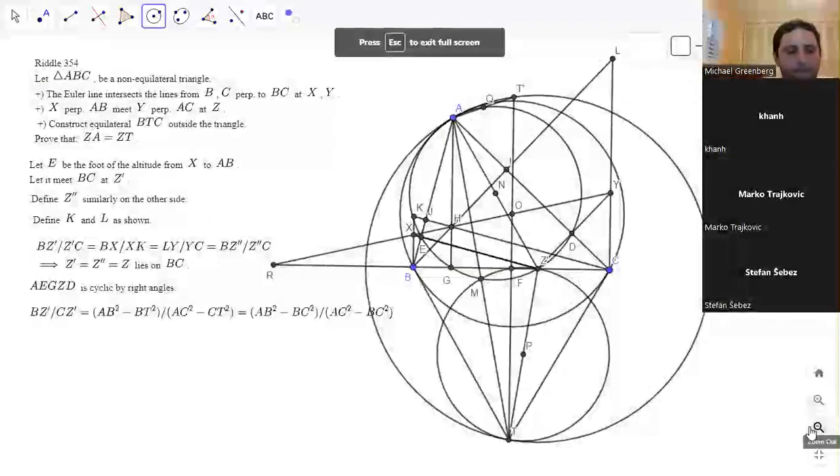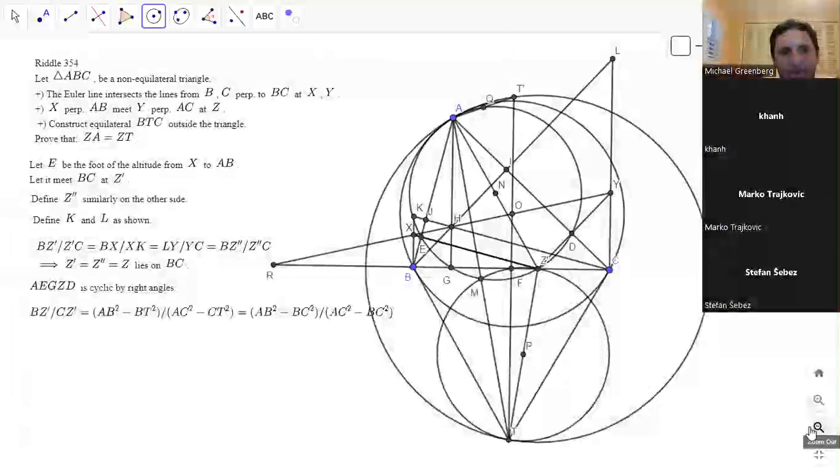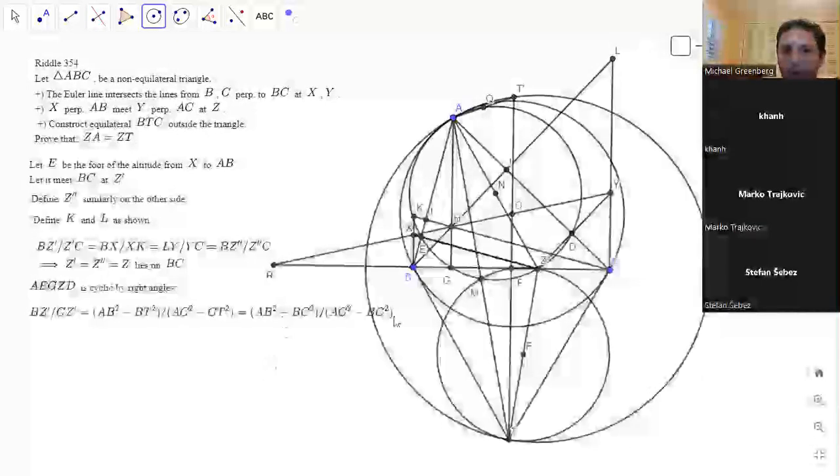So if OH intersects BC at R, then we want to show that the cross ratio equals this. How would you bash that? So we'd have RB over RC. Can we use Menelaus on that?